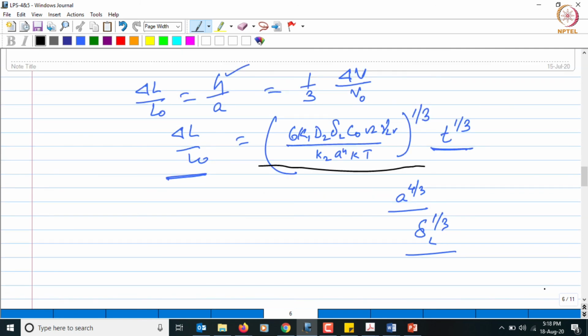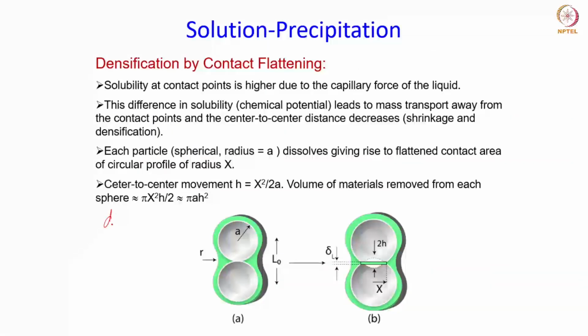So first dV by dt was derived, and from that we derived the shrinkage or the densification, and here we have seen that it varies with 1/3 power of the thickness of the liquid bridge, 1/3 power of the sintering time t, and inversely varies with the 4/3 power of the particle size. Okay.